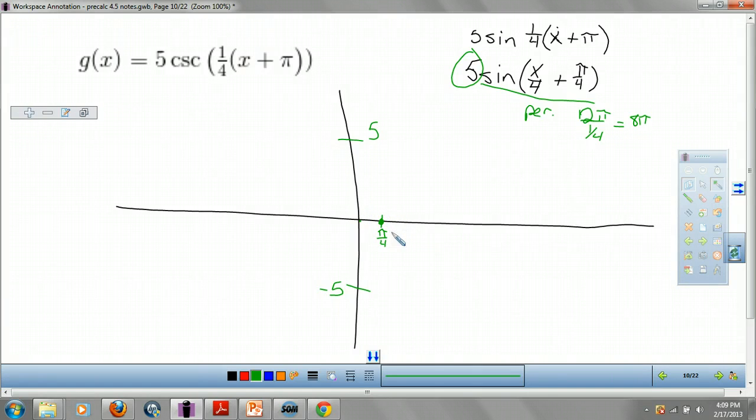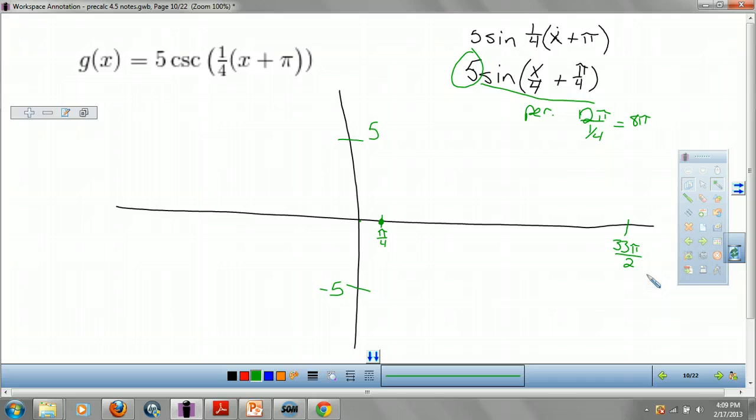Okay? And then our full period is 8 pi. 8 pi plus pi over 4 is 8 and 1/8 times 33. This is nasty. It's 33 pi over 4.